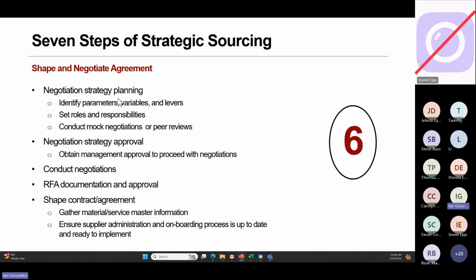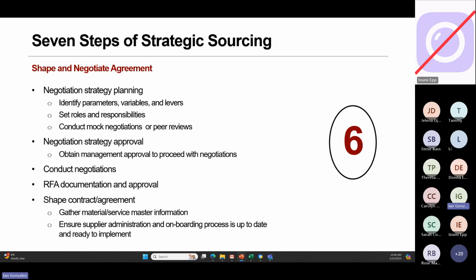Step 6 is where you shape your agreement. So this is negotiation, in other words. You have your shortlist, and you're negotiating the finer points of the commercial and technical areas of the bid. That of course starts with planning your negotiation, and the Kraljic matrix helps greatly here. You negotiate with all kinds of suppliers in the same way.